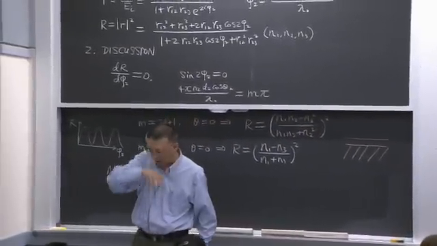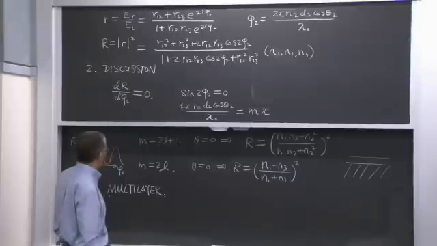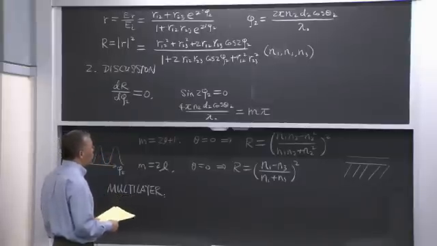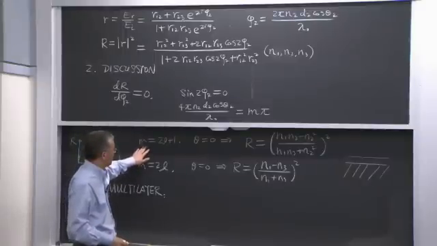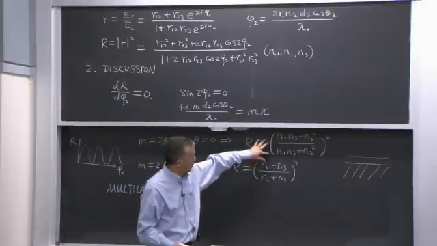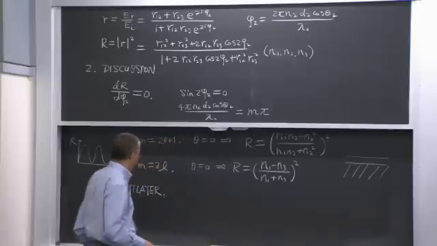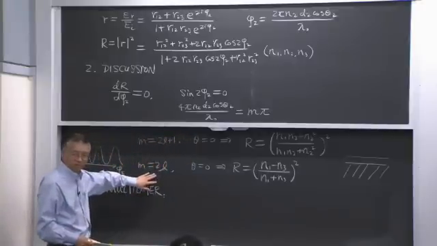Yes? Sorry, which values of m correspond to minimum and which one to maximum? So here you can say this one is the minimum, right? And this one I think is the maximum.